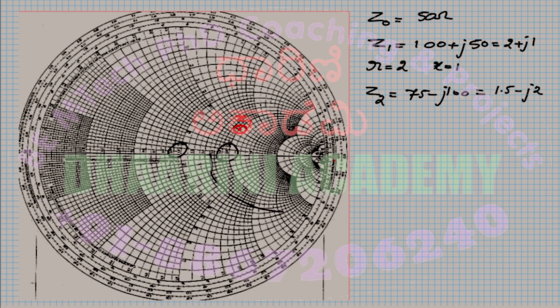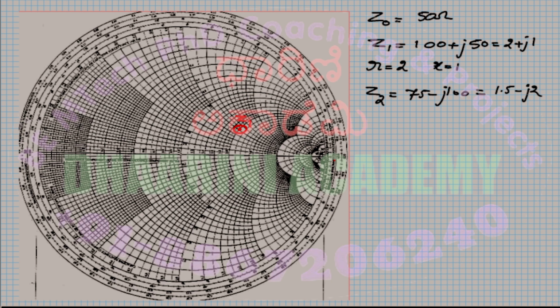I should be able to find the intersection of that circle with minus J2. Since it is minus, I'm going below. So look at the J2. This is 1, this is the 2.